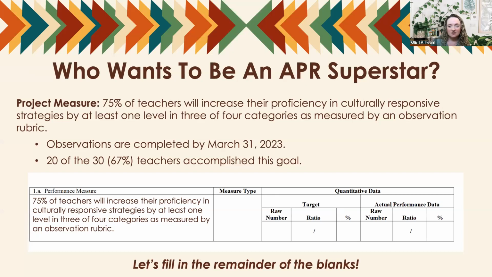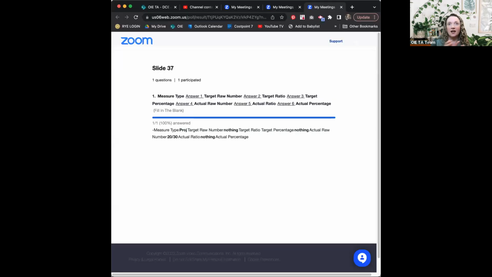All right, let's take a peek. Thank you to whoever our brave person is who's submitting. And there we go. For this one, they have project type, PROJ. So yes, that's the right type of measure. I'm thinking it's not letting you put in a target ratio.